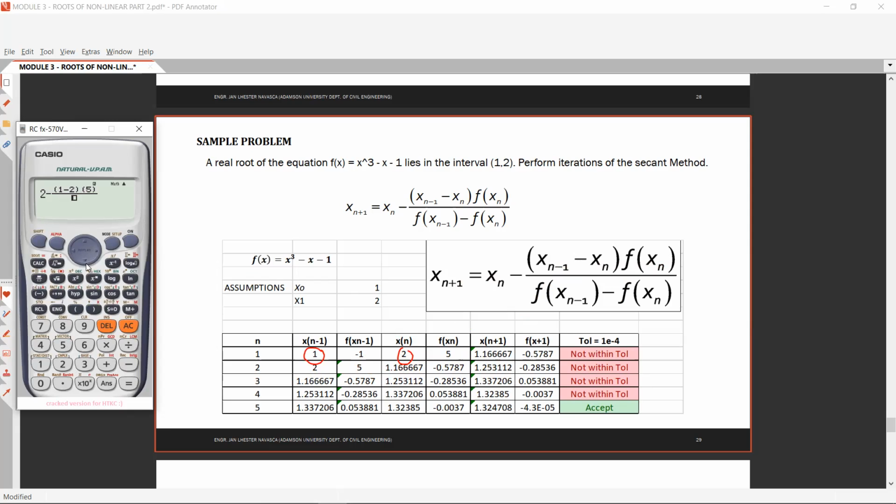Okay. Over f of x sub n minus 1, you have negative 1. Okay, negative 1 minus f of x sub n, you have 5. Okay, then you have 1.1667. Okay, so ito na yung x sub n plus 1 natin.